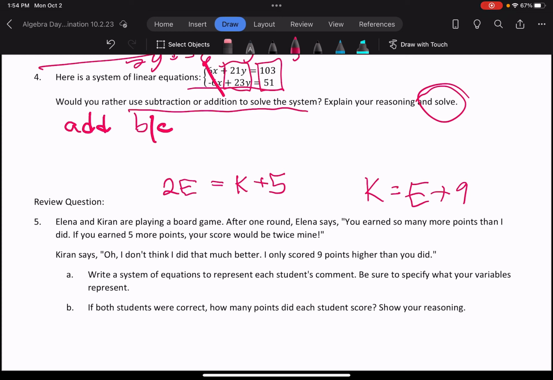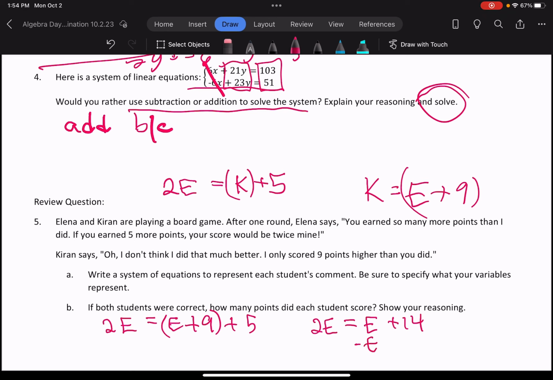Let's see if we can solve this. So we have what k equals, which is e plus 9. So let's go ahead and say 2e equals, we're going to replace this k with e plus 9, plus 5. So now I can go ahead and combine like terms. 2e equals e plus 14. I'm going to subtract e from this side to get it to the other side, so we are left with e equals 14.